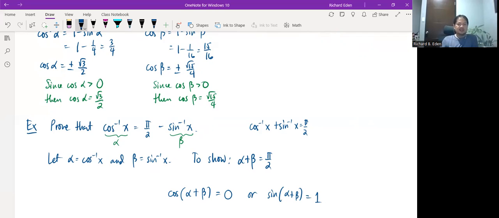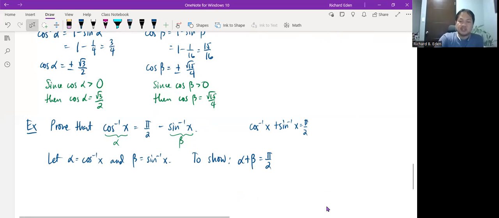All right. So to bring us a step closer into proving this, let's choose one. Gawin natin, ano, let's have a look at sine of alpha plus beta.